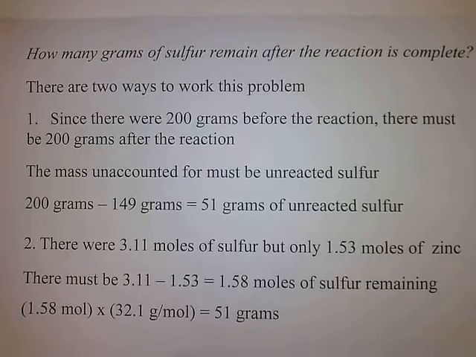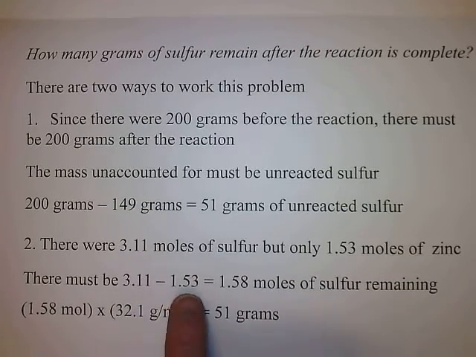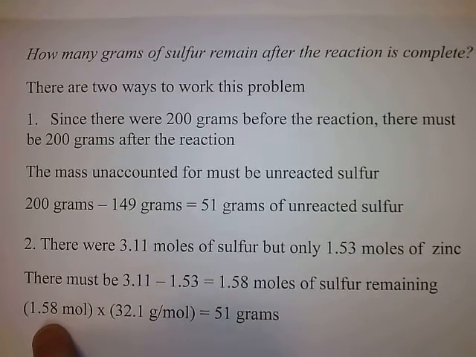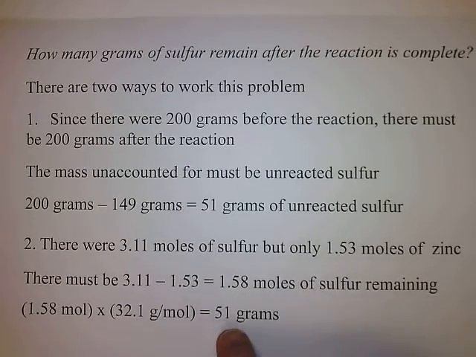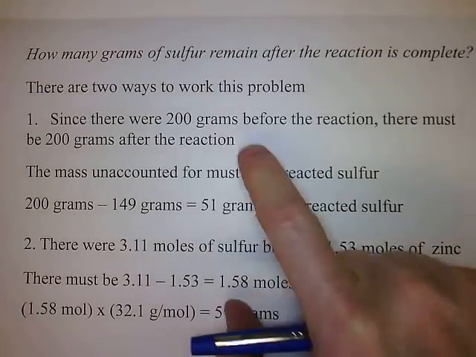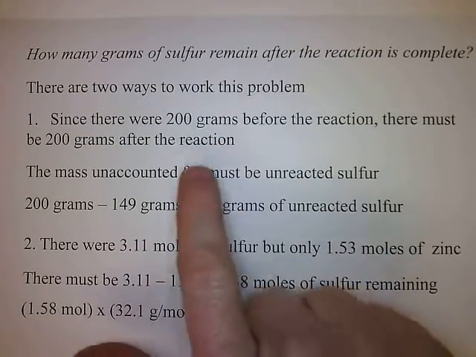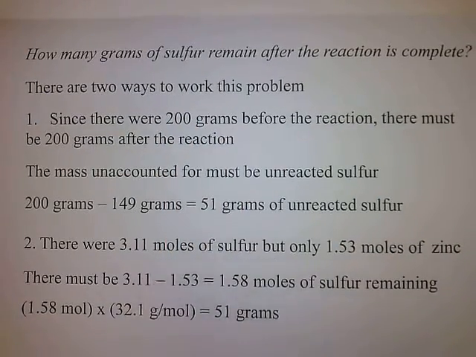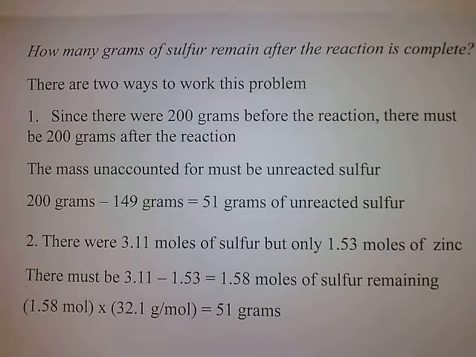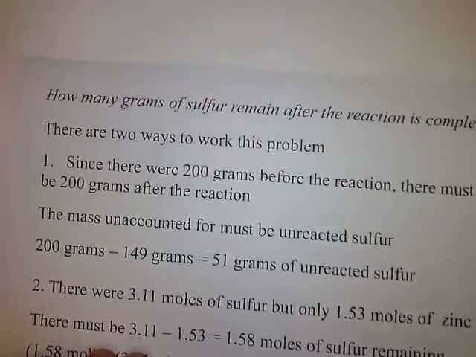So what's the mass of 1.58 moles of sulfur? 1.58 times 32.1 is 51 grams, which is basically the same answer. So here we did it with grams, and here we did it with moles, but in a way we were doing the same thing. Total mass is the same before and after the reaction.